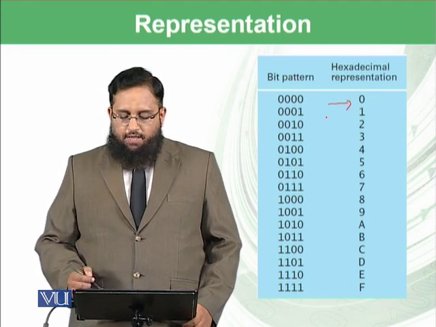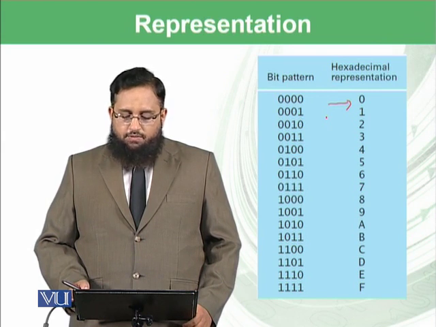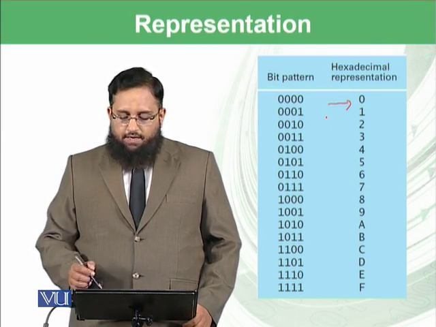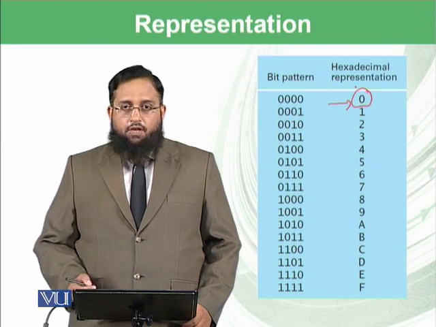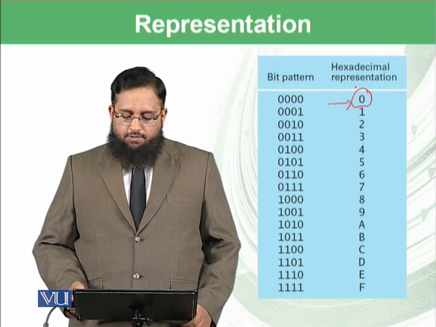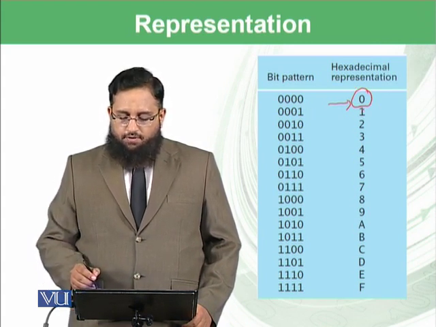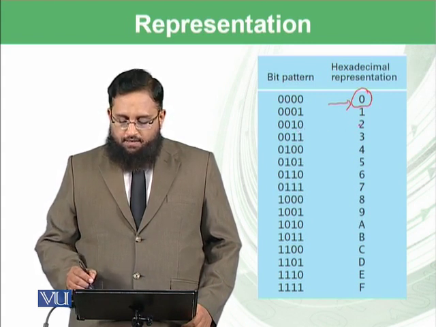For example, if you come across a bit pattern 0000, that would be represented in hexadecimal notation by only 0. And then if you have 0001, that would be translated to 1. 0010 would be translated to 2, up till 9.